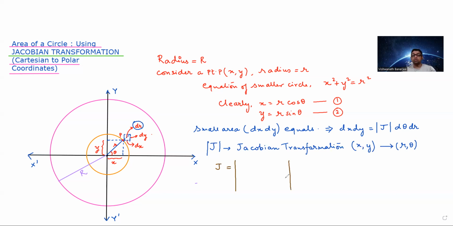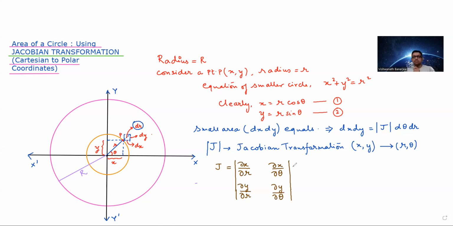Now, this is a determinant involving partial derivatives. It can be written as del x by del r, del x by del theta, del y by del r, and del y by del theta.